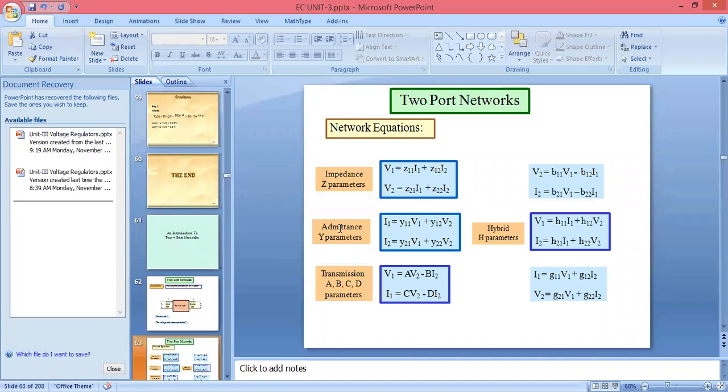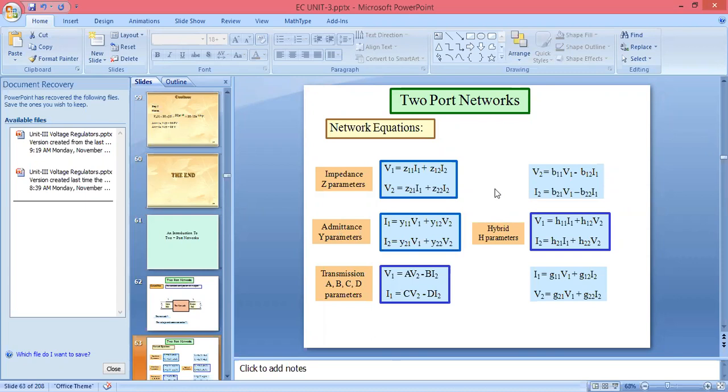If the voltage across the input and the current flowing through the input are working as dependent variables, at that time we can say this parameter is a transmission parameter, or we can say these are the ABCD parameters.